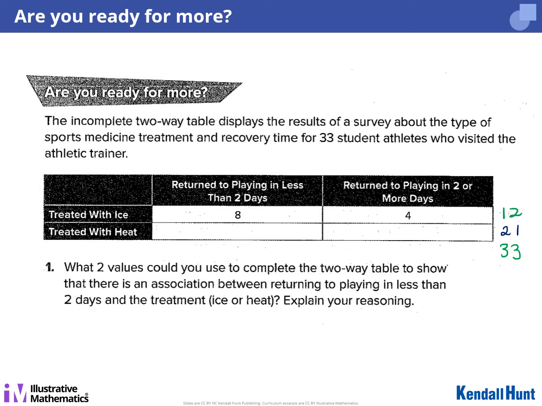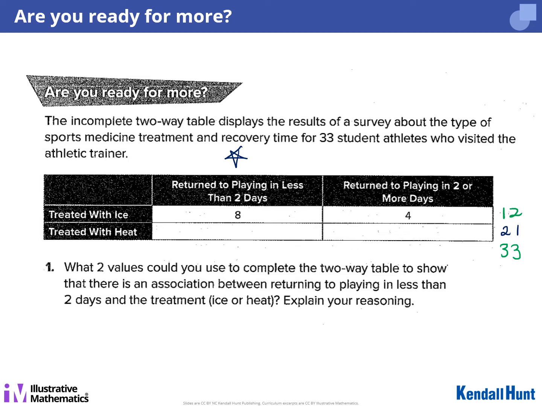What two values could we use to complete the two-way table to show that there is an association between returning to playing in less than 2 days and the treatment, ice versus heat? Well, we would want two numbers that add up to 21 and give us some drastic percentage changes.